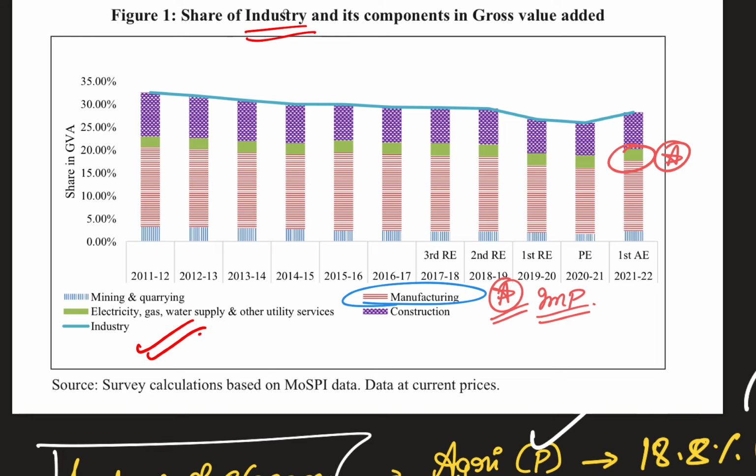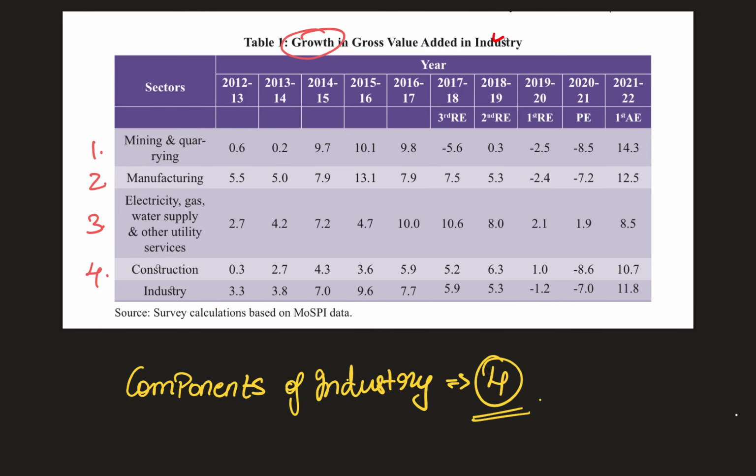The important point to note is within what constitutes industry, manufacturing is having the highest weightage or contribution. We will be discussing elaborately in the next table. When we say industry, these are the four components that we deal with: mining and quarrying, manufacturing, electricity, gas, water supply, and other utility services, construction industry.